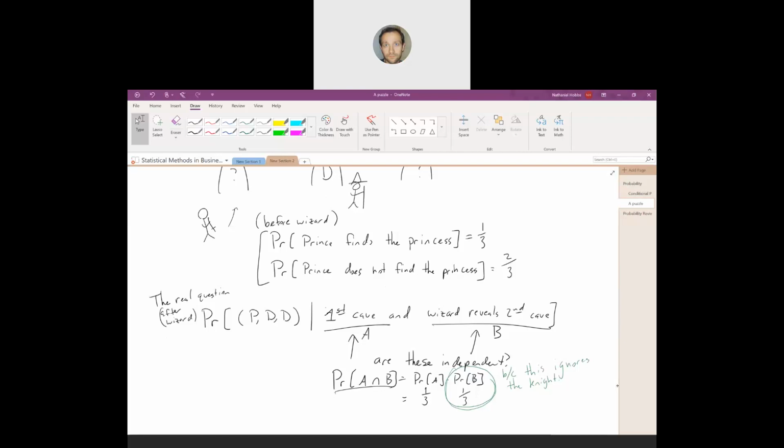Because first cave is 1/3. Okay, so the first cave is 1/3. And the second cave it's 2/3. No, sorry, it's 1/3. Oh my gosh, I'm confused.